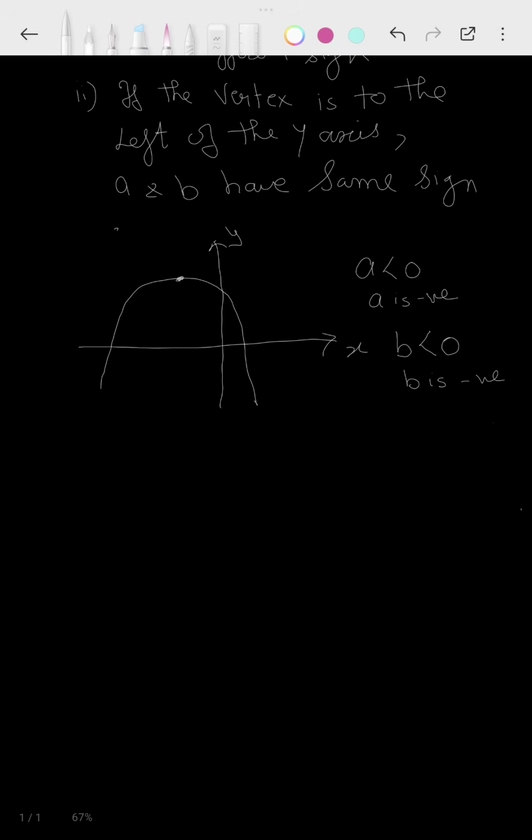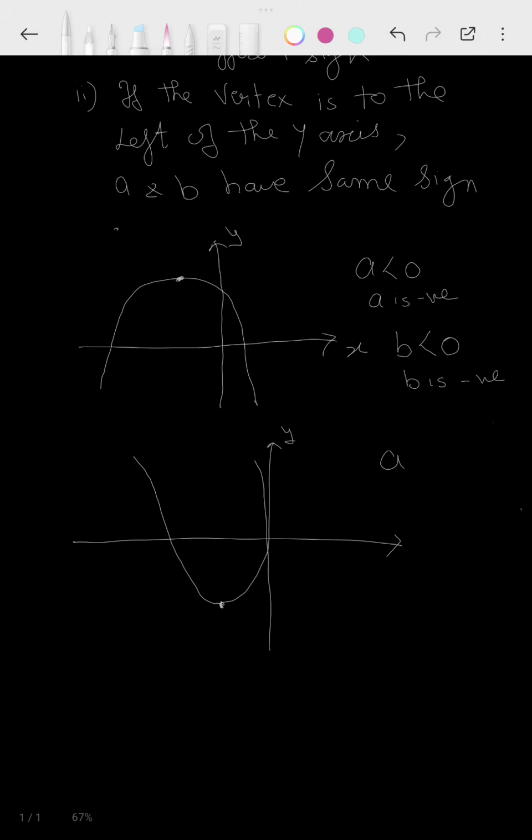Let's take another case. If we have a parabola like this, so vertex is this point, the lowest most point, and it is to the right of the y-axis.